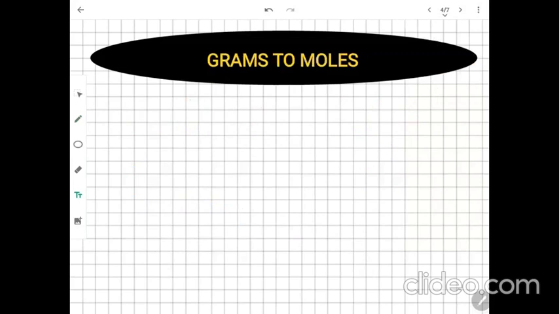Okay, so now that you already know how to convert from moles to grams, now let's consider the opposite, which is grams to moles. Okay, let's have an example.